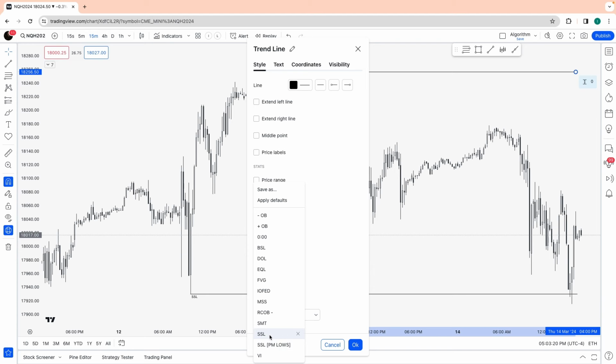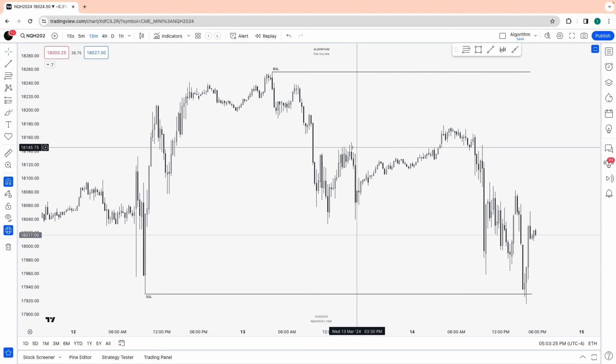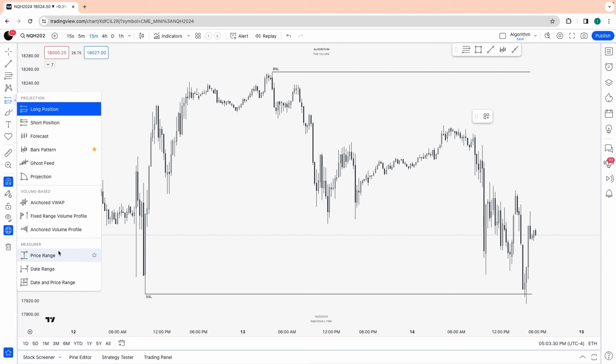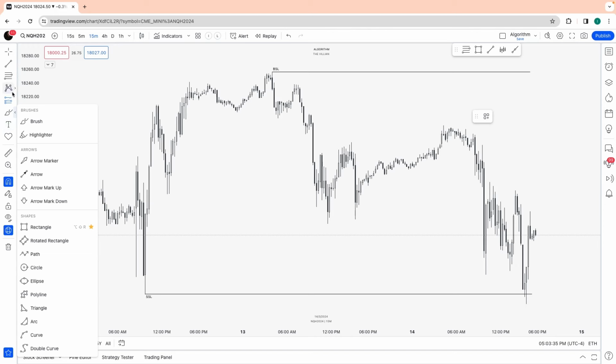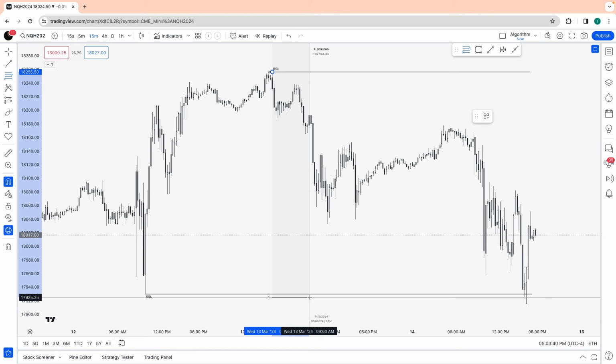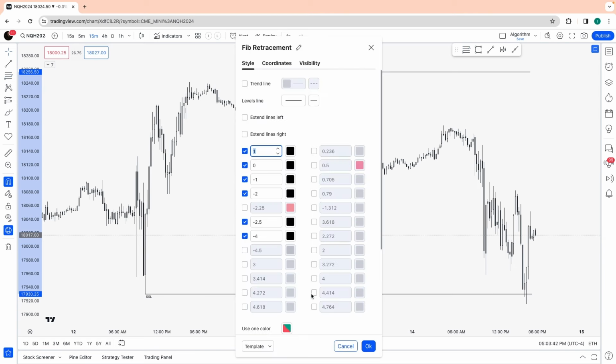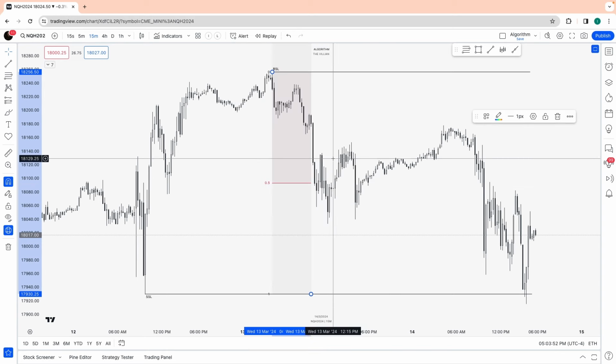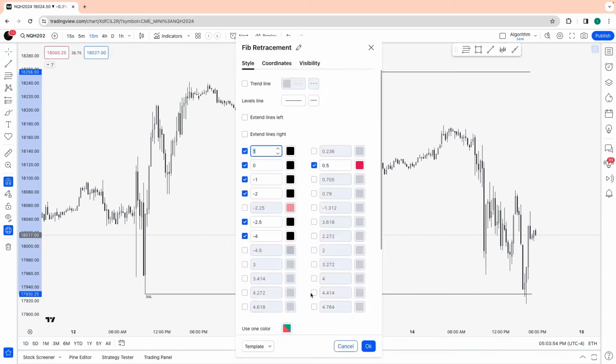And within everything, we have a range, right? Within the range, which we call our dealing range, we have a measure of premium and discount. So if we were to take a look on our Fibonacci tool, we can see that marking out the 0.5 level, we have a premium and a discount, right?